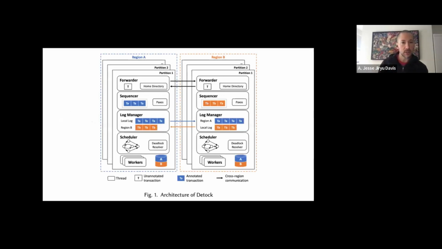The architecture of Detock, this is a diagram from the paper. It's partitioned and it's also distributed across geographic regions. A region can have multiple partitions in it, and each item in the data store has one home region.